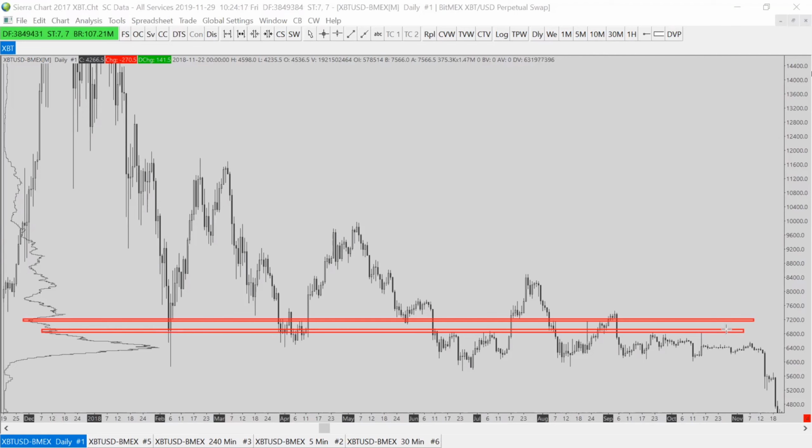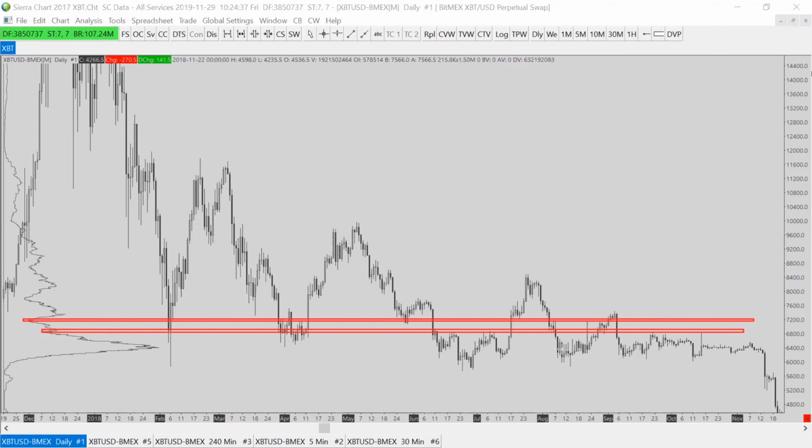So here you can quite clearly see where price found resistance, because relatively little volume traded there. Every time price moved up to that level, it got rejected.